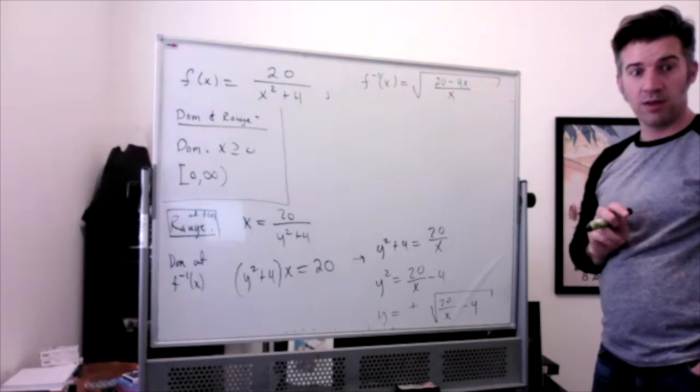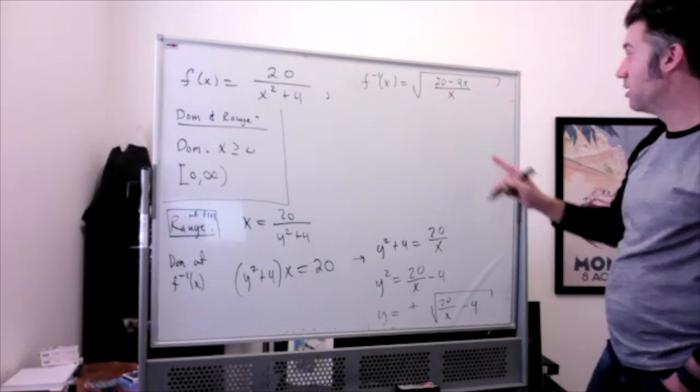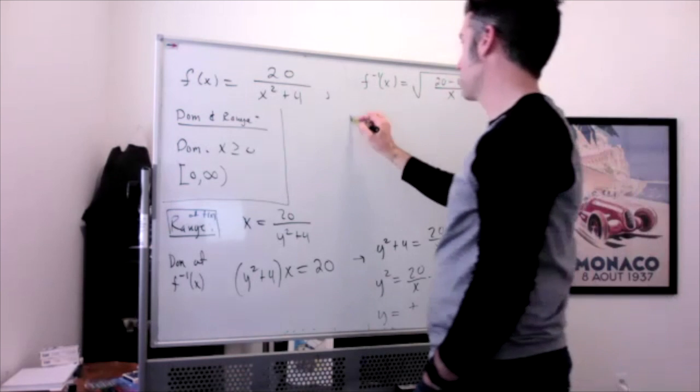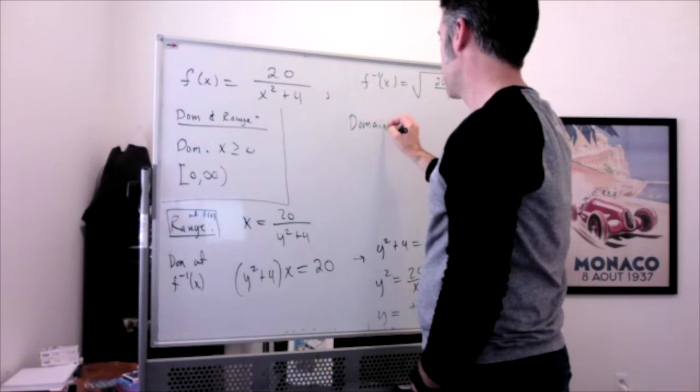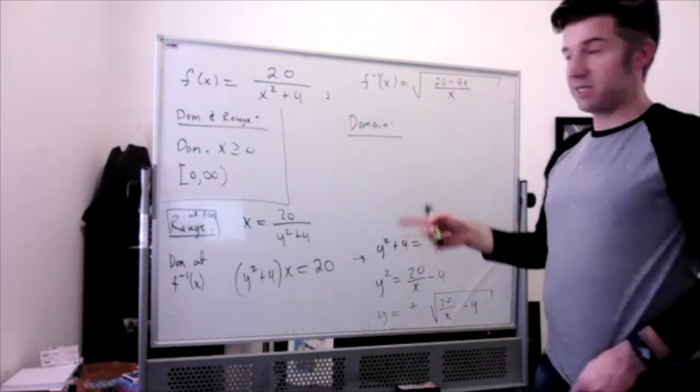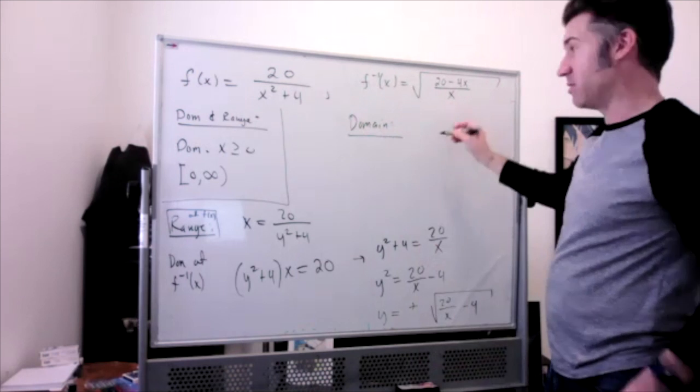Okay, so my job now is to find the domain of this. So first off, I see that x can't be 0, because that'd be dividing by 0.